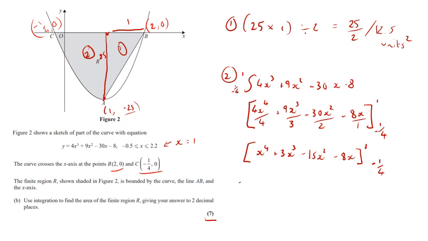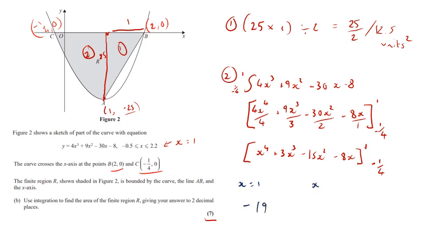So when x equals 1, I'm just going to do this on my calculator: 1 to the power of 4 plus 3 lots of 1 cubed minus 15 lots of 1 squared minus 8 lots of 1. I get minus 19.